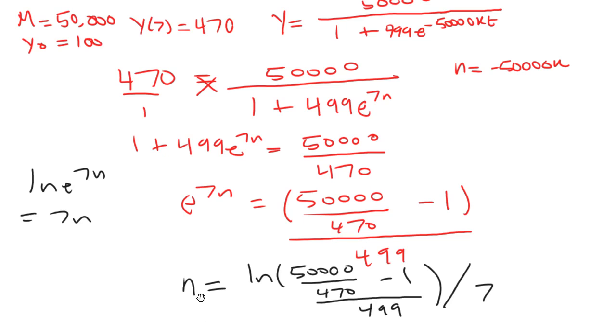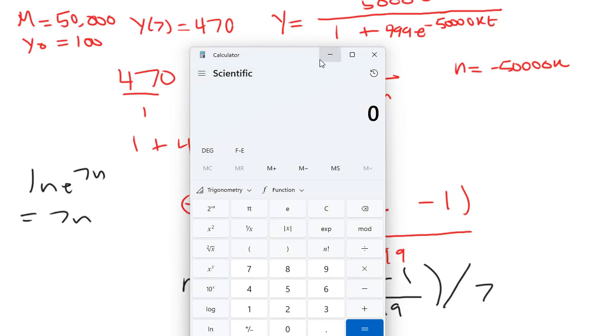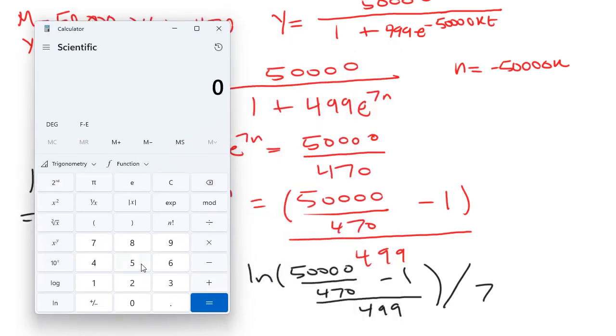So in that case, you have the n value. If we go and do this, we can say 50,000 divided by 470 minus 1, and then divide that by 499. But keep in mind that you have to take the natural log of this, so natural log.